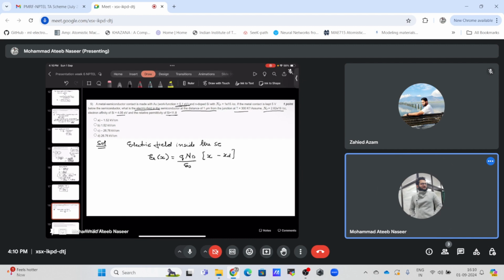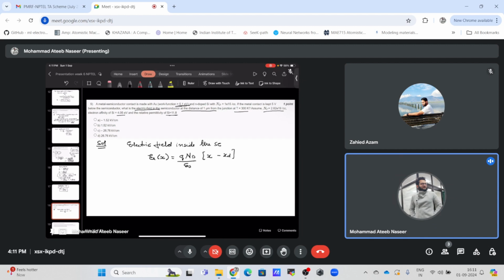Xt is the depletion width, which we will get because of this reverse bias, and x is the position in the semiconductor from the interface. If x is 0, it would mean that we are looking at the electric field at the metal semiconductor interface, and it will be maximum there.